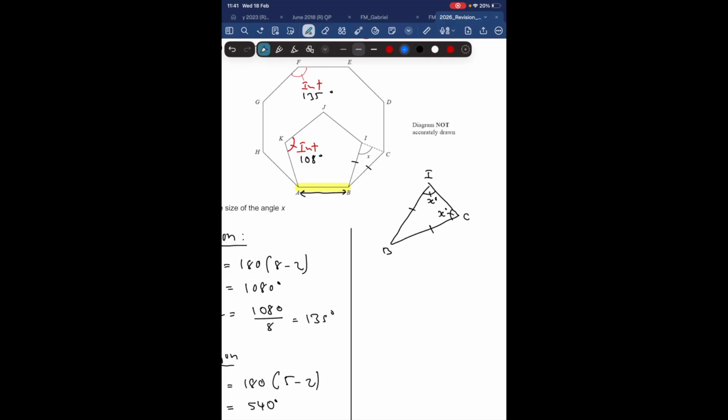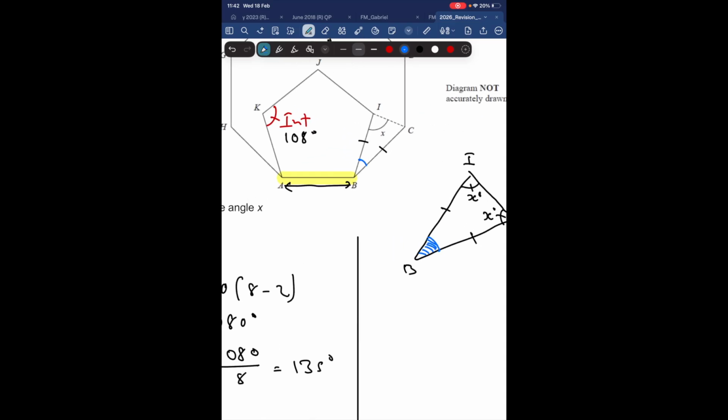So all we need to do is figure out how to work out this angle here at B. To work out this little blue angle at B, if I just enlarge it, the whole angle from here to here is the interior angle of the octagon.